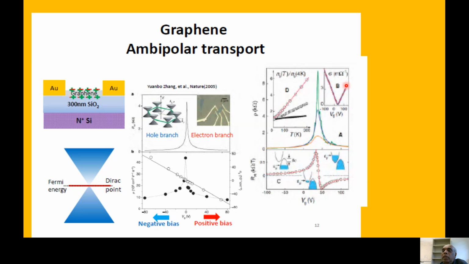In both ways you can change your conductivity, but you can also see it goes through a 0. Yes, 0 means it's going through this Dirac point, right? It starts from this negative side, then goes through the Dirac point, becomes 0, and then goes to the other band. So that's why you see this kind of behavior.